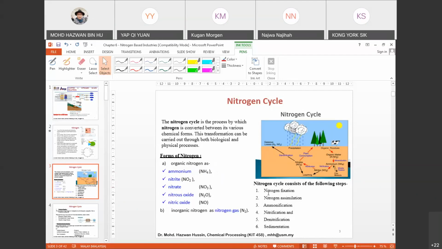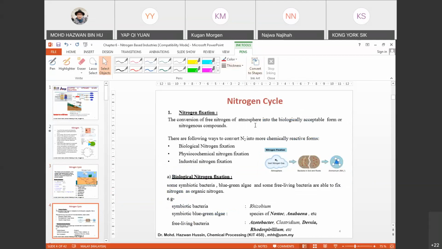That is why in the nitrogen cycle, you have 6 different steps. The first one is known as nitrogen fixation, second, nitrogen assimilation, third, ammonification, fourth, nitrification, fifth, denitrification, and finally, sedimentation. Okay, so we are going to look at this one by one.